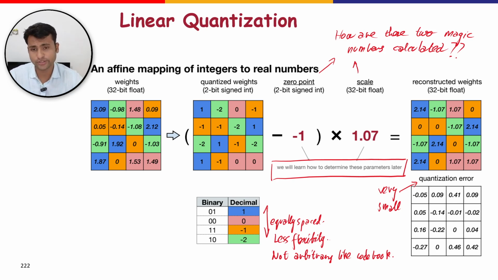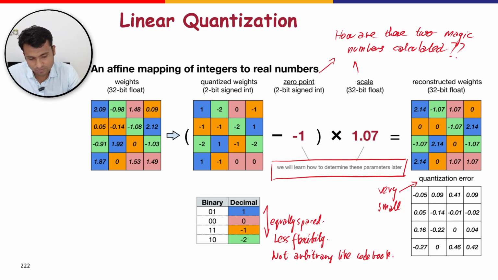This is what we are actually going to use in FPGA, so I want you to be really attentive when we are discussing this. K-means quantization is something which is used in research and everywhere, but linear quantization is something which we practically use. So linear quantization is an affine mapping of integers to real numbers.